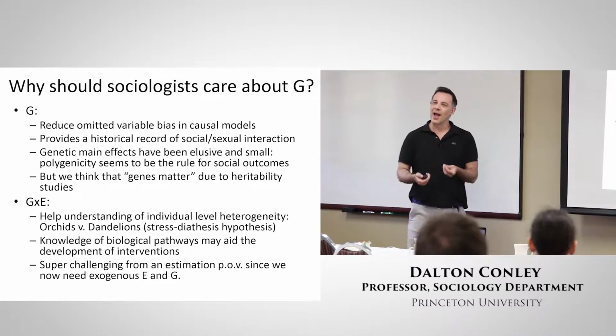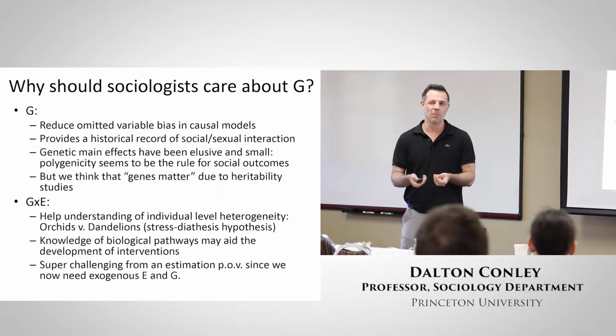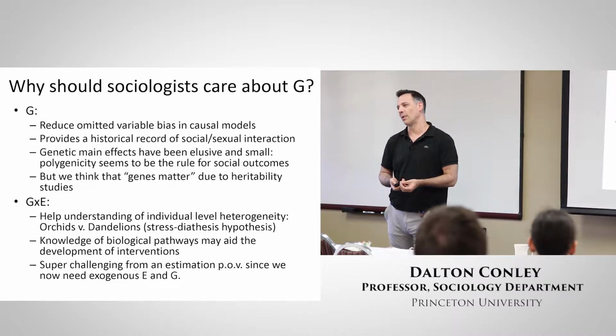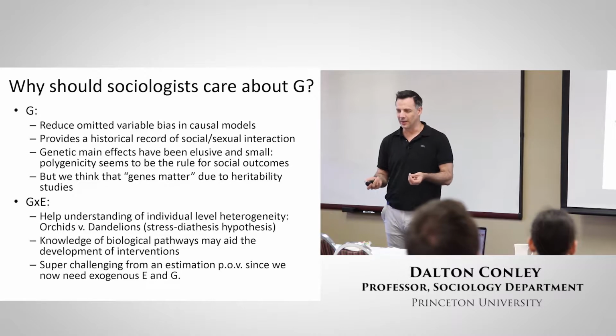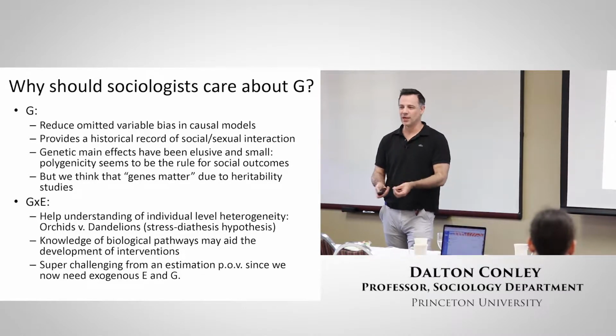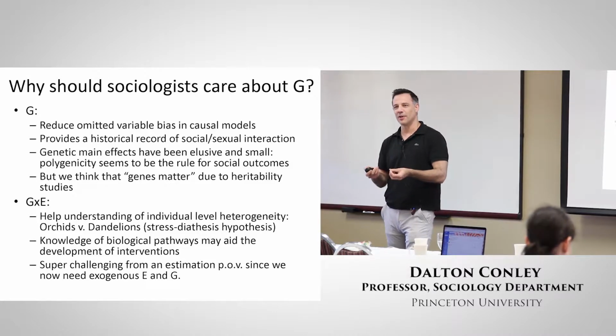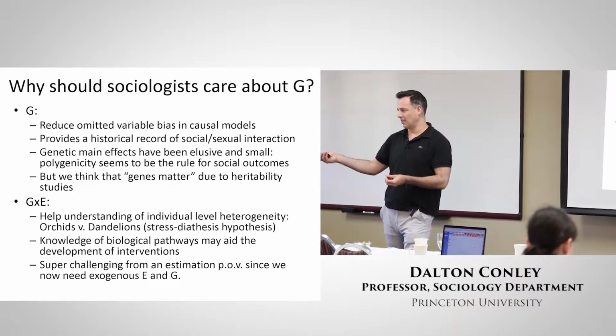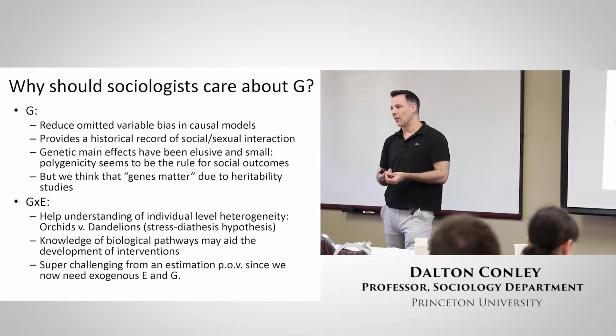So actually identifying, modeling G by E is actually really hard, I think, because we already talked about all the issues about whether or not the genotype is random and how well we're measuring the genotype and everything. And then you have to add to that orthogonality of an environmental factor that you want to see how it works.